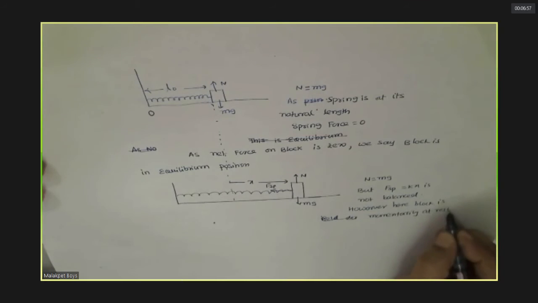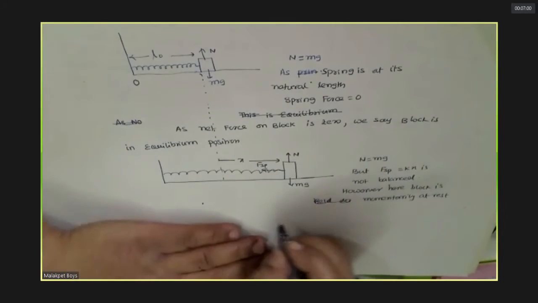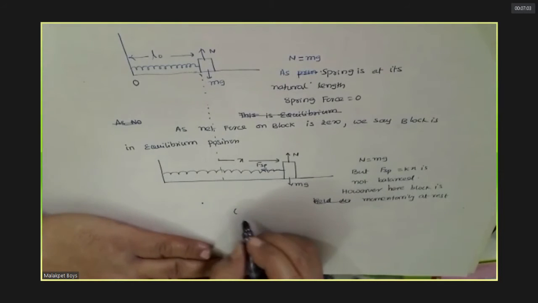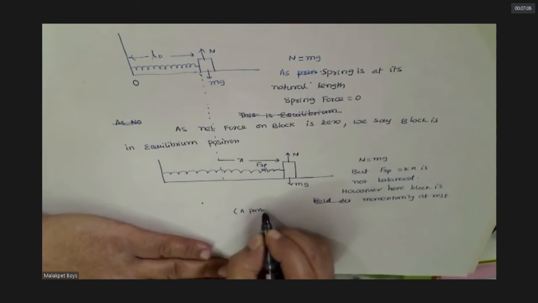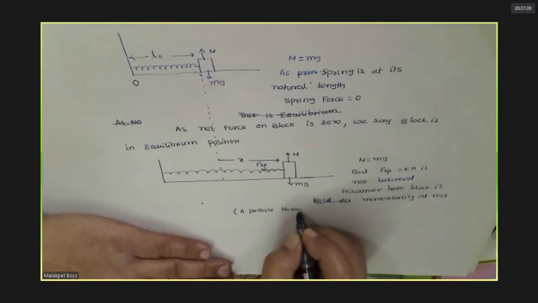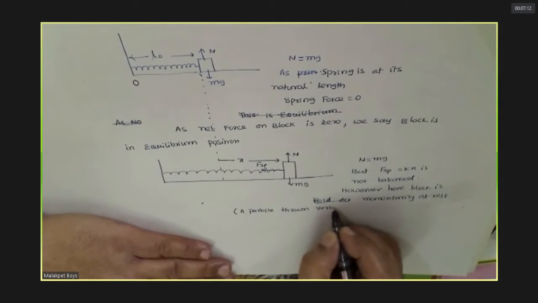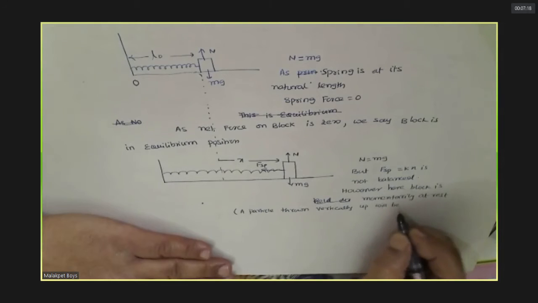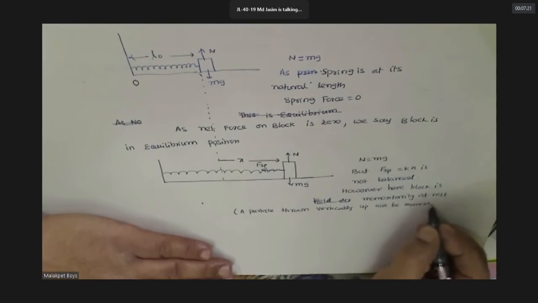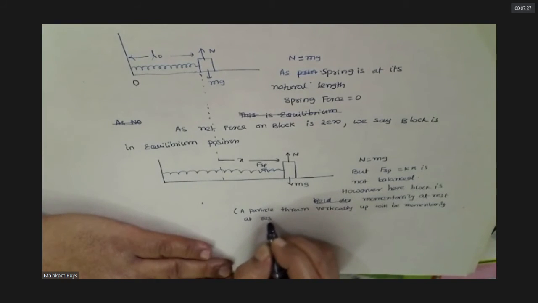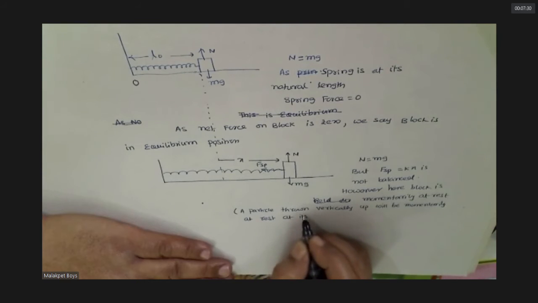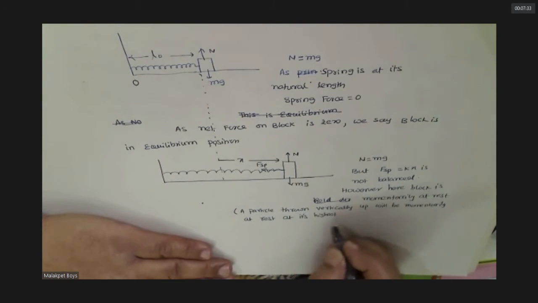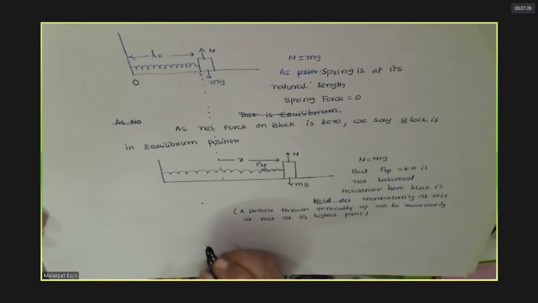Now the block is momentarily at rest. Momentarily at rest means, just like a particle thrown vertically up will be momentarily at rest at the highest point. Clear?